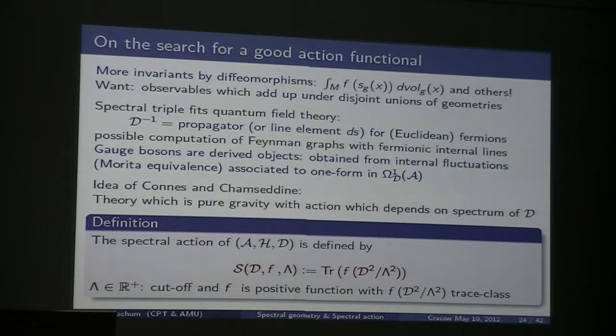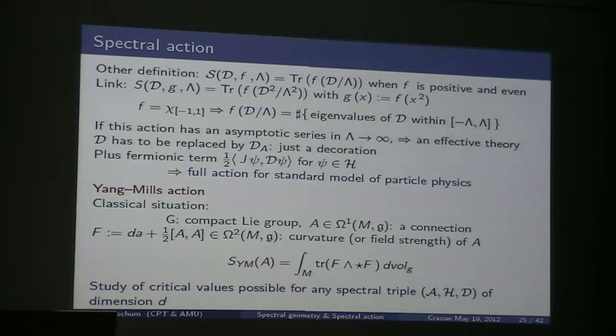And if you want to see the algebra in action, you just have to replace D by a decoration of D, namely D sub A, the fluctuation of D. Another definition could be just to use the trace of f of D over lambda, so no square.